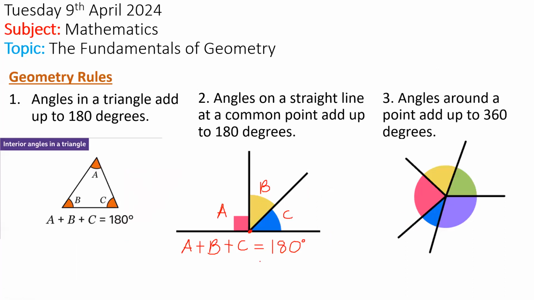Okay, so if we look at these, what can we say? We have angle A, angle B, angle C, angle D, and angle E. All of them are around this particular point, right? Do you all see that? What can we say about angle A plus angle B plus angle C plus angle D plus angle E?